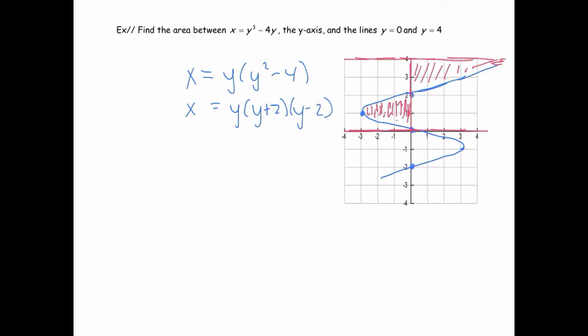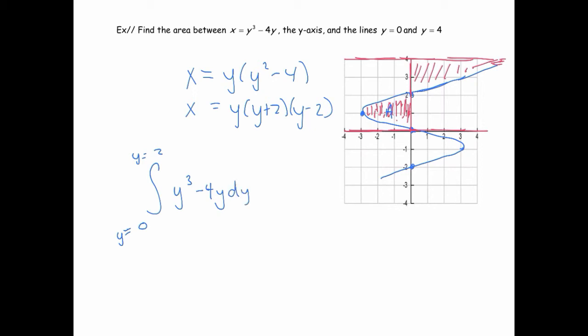So what can you do? Well, you can set up an integral that's going to get you this area here. We'll put an A in here, area A. So that integral is going to go from y equals 0 to y equals 2, with respect to the curve, y cubed minus 4y dy.